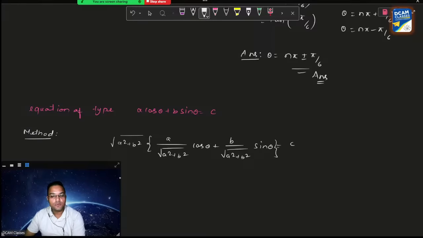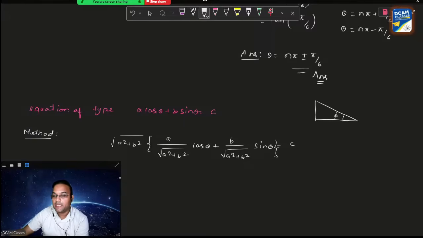Now it's up to you. You can take root over a square plus b square to the right side. You want to take a by root over a square plus b square as cos phi or sin phi, nothing will change.